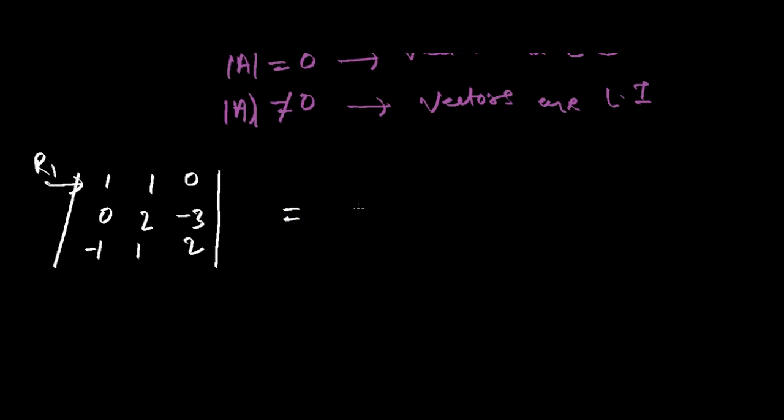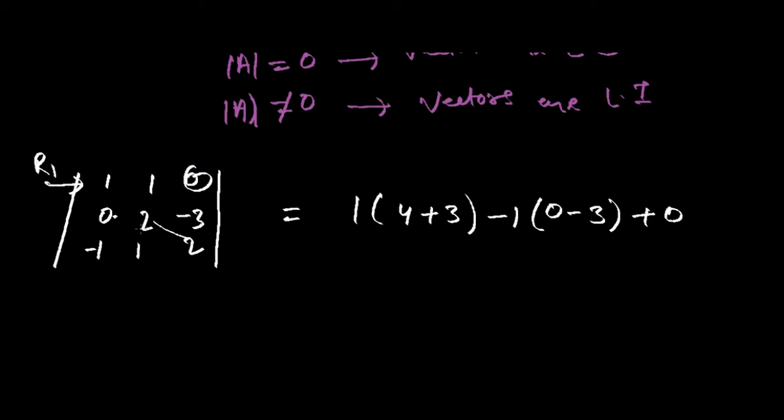It will be equal to 1 times, 2 into 2 will be 4, minus 3 into 1 will be minus 3, and minus minus becomes plus, so it will be 3, so 4 plus 3 is 7. Then minus 1, 2 into 0 will be 0, minus 1 multiplied by minus 3 will be 3, then again minus 3, plus 0 multiplied by any product that will be coming here is 0.